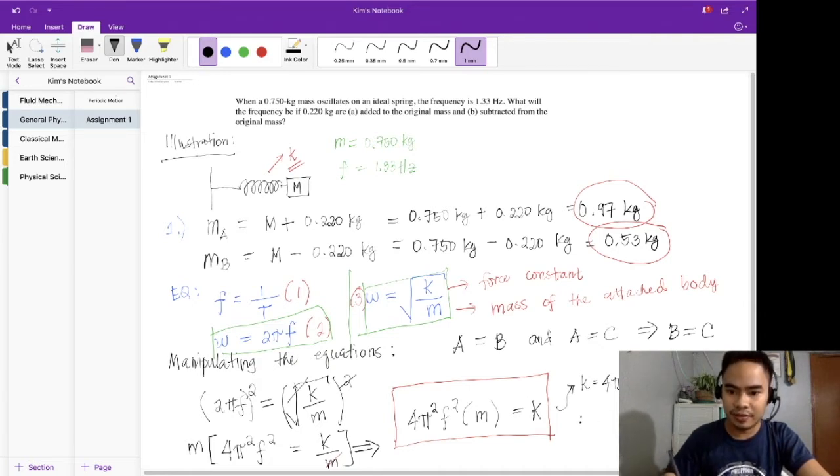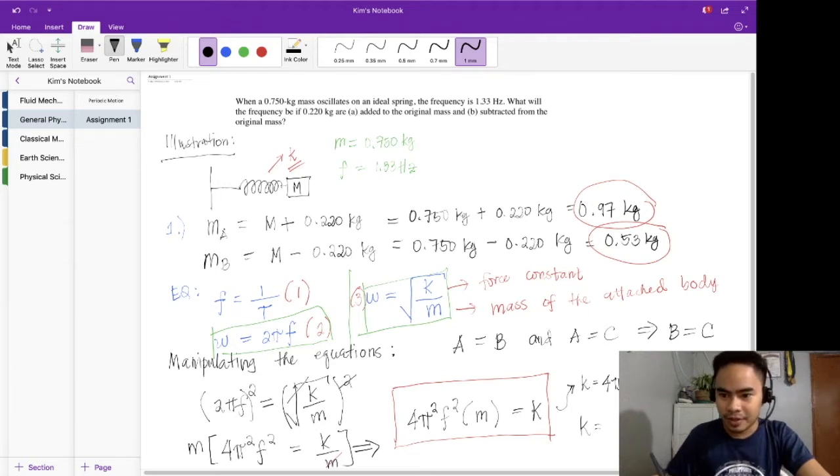Oh, we forgot the mass m. The mass m is originally 0.750 kilograms.